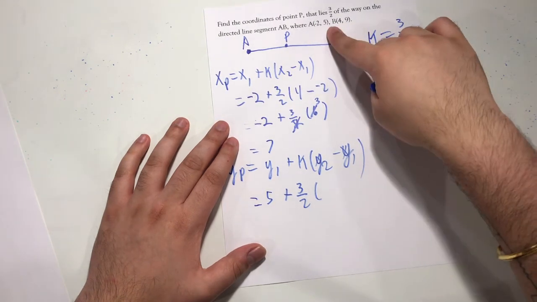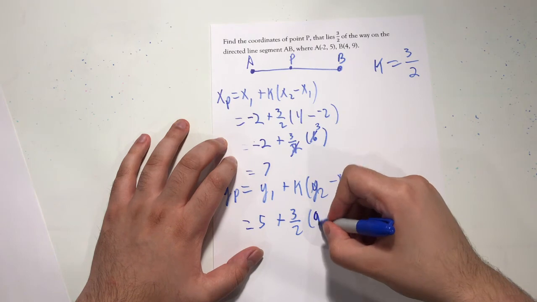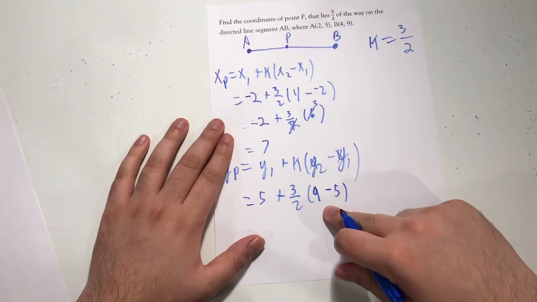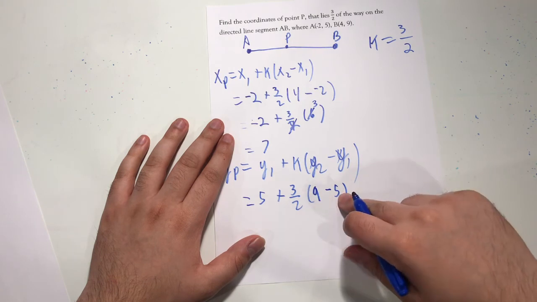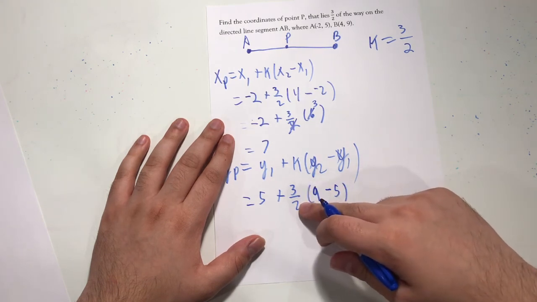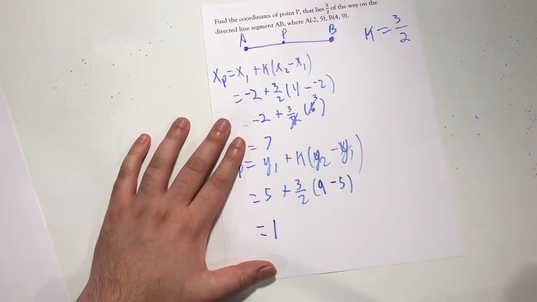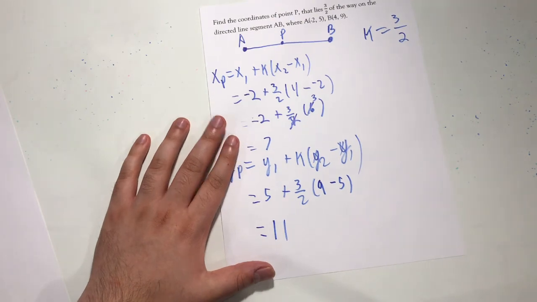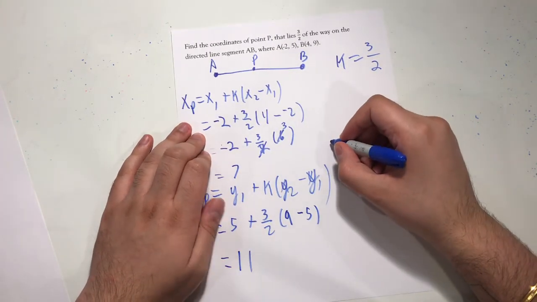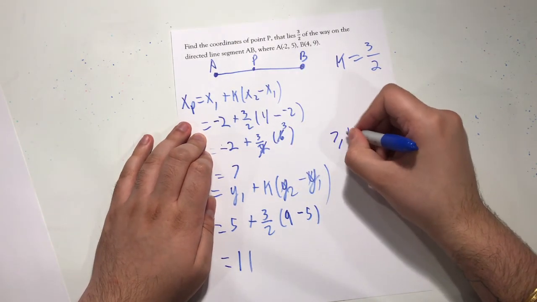Yeah, so y1 was 5. y2 is 9. And minus 5. So this is going to become 4, right? 9 minus 5 is 4. 4 times 3 over 2 is 6, plus 5 is 11. So our final coordinate point for this problem, the partition coordinate point, is 7, 11.